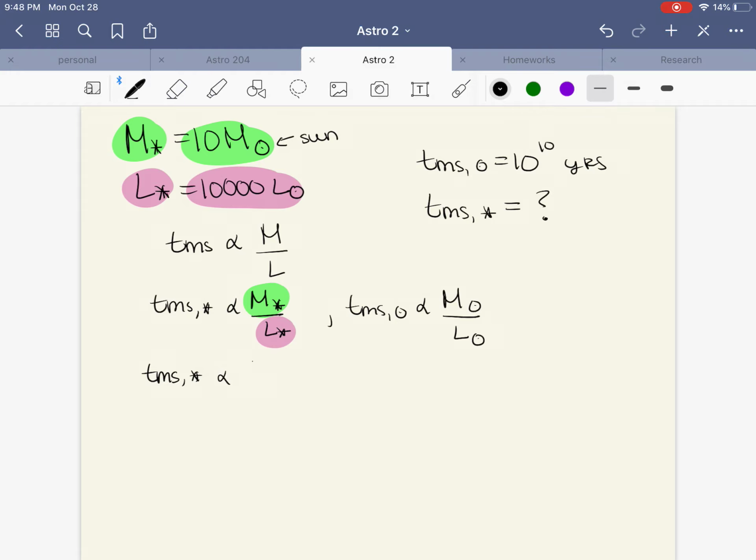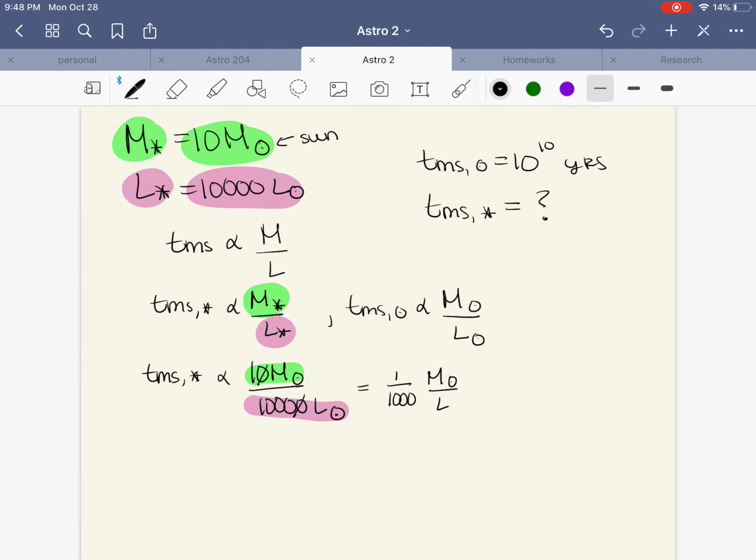So I've got 10 times the mass of the sun over 10,000 times the luminosity of the sun. Now I'm just going to cross off one of these zeros and say that instead of dividing by 1,000, I'm going to multiply by 1 over 1,000.